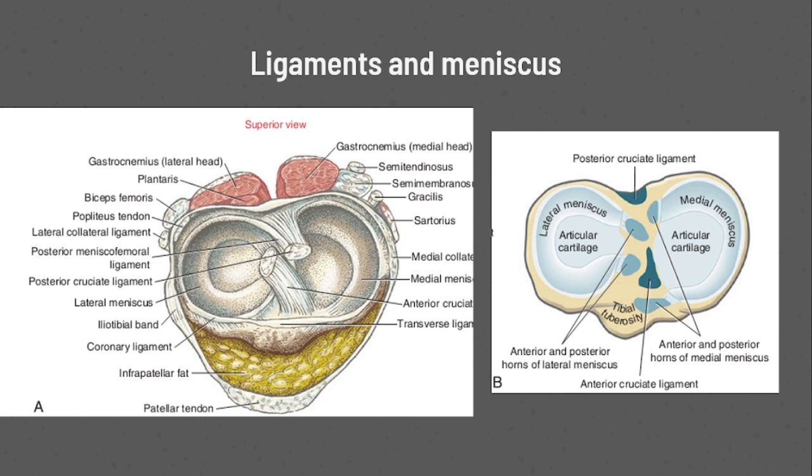It's more prone to injury, and the most famous injury of it happens in sudden twisting and flexion, which causes the ACL rupture, MCL rupture, and the medial meniscus rupture, which is called the unhappy triad.